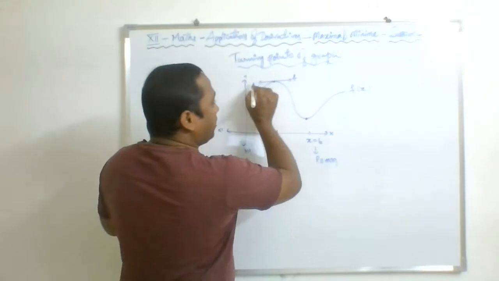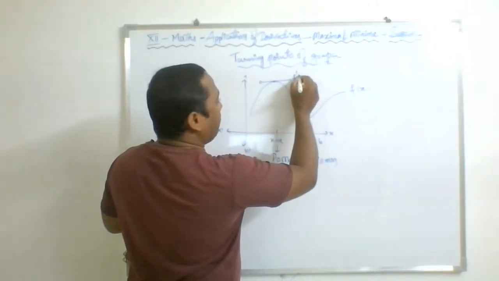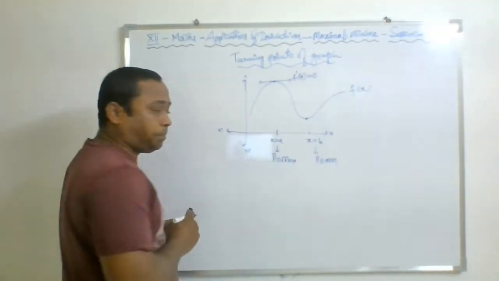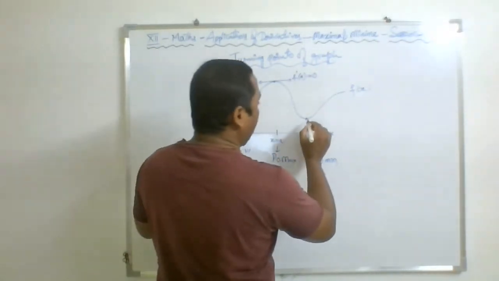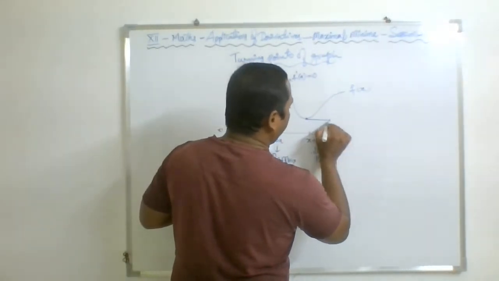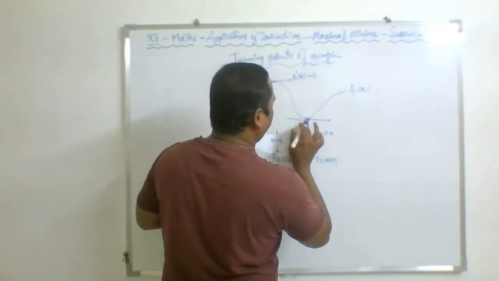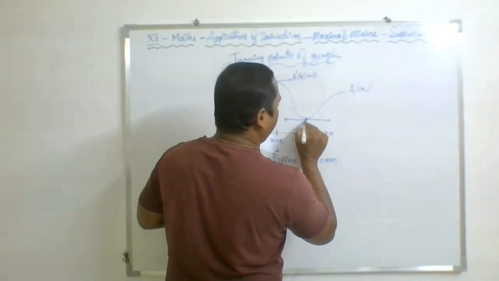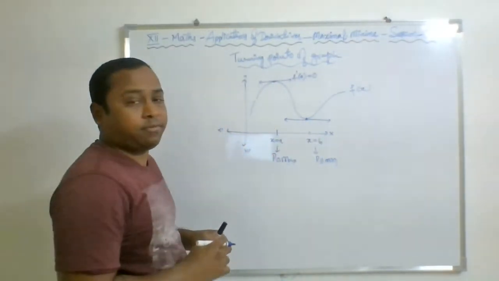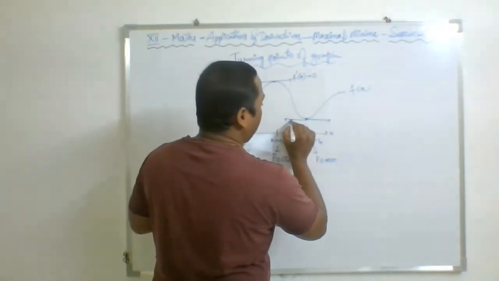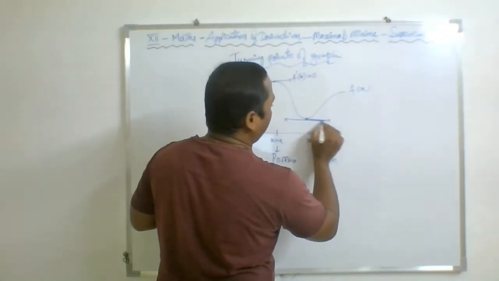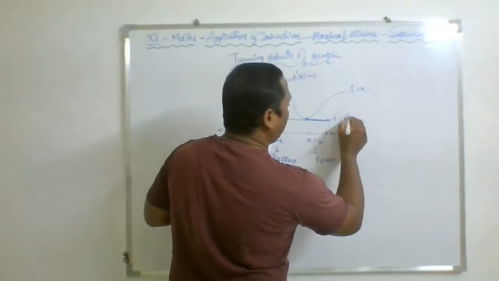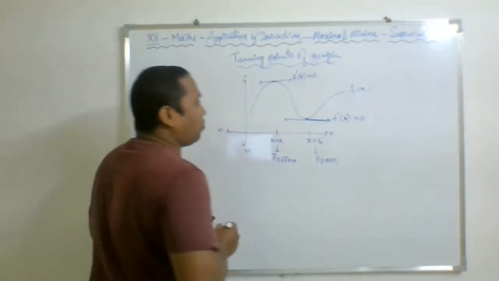Hence, at this point, the derivative of the function is equal to 0. Similarly, if you draw the tangent at the other turning point of the graph, where the function is differentiable, the tangent is again parallel to the x-axis, and the derivative of the function is again equal to 0.